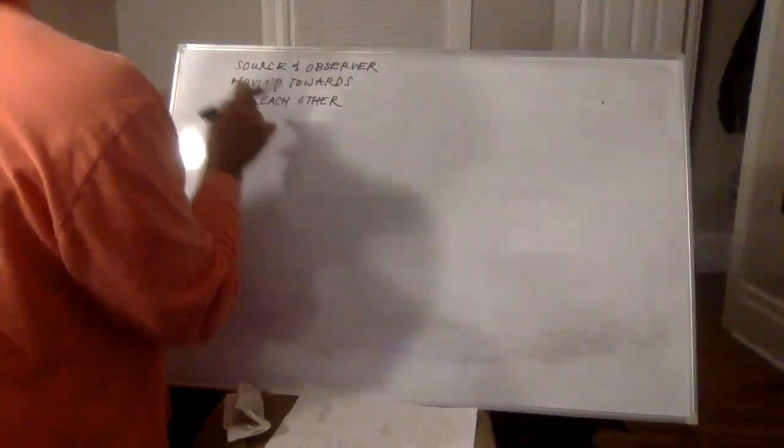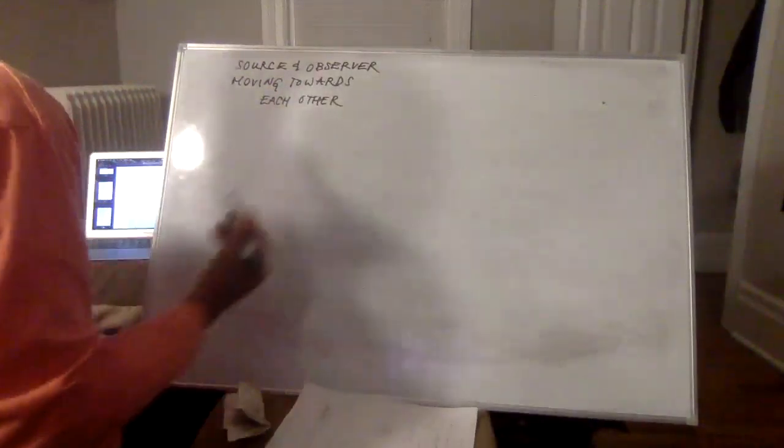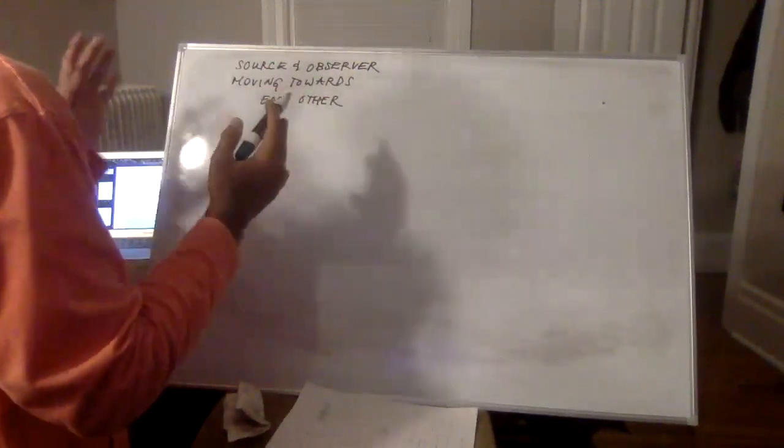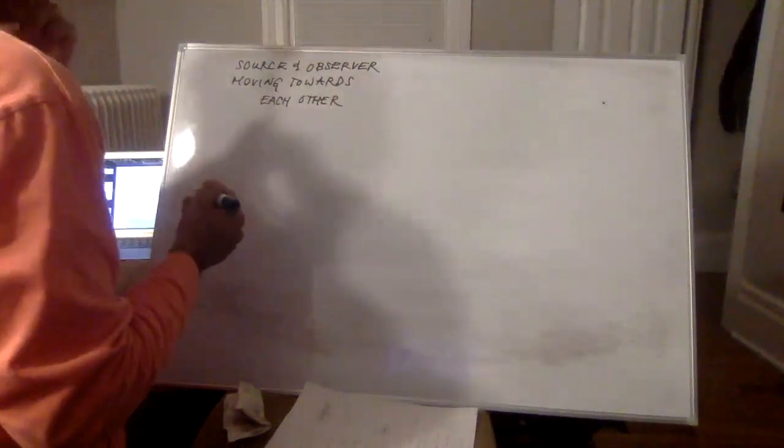And this doesn't necessarily mean that the source, and by source I mean whatever's emitting light or sound, anything emitting a wavelength or a frequency, and the observer both have to be moving. Either the observer can move to the source, or the source can be moving to the observer, or both are moving.